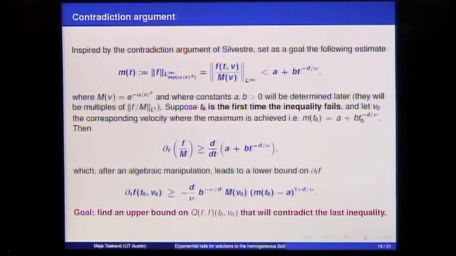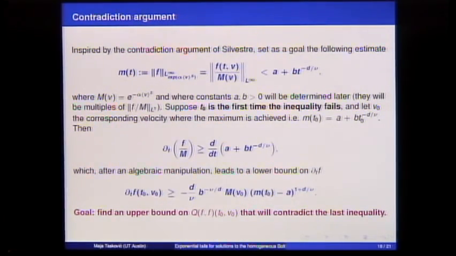So this estimate is going to give you control. Because the initial data has finite norm, and because this norm is continuous in time, and this bound blows up at t equal to 0, this inequality is true at t equal to 0, and because of continuity, it's actually true for a small time interval.